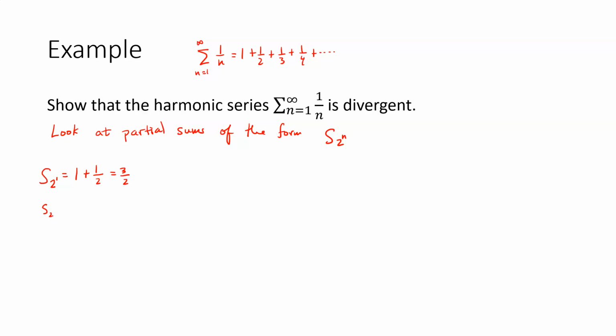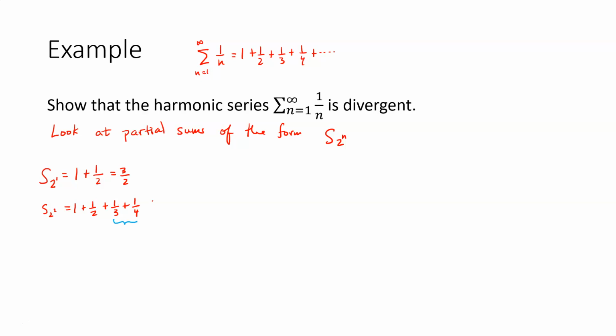What's s_(2^2)? In other words, s_4. 1 plus 1/2 plus 1/3 plus 1/4. So what I can do here is, instead of putting 1/3 here, I can replace it with something smaller, in this case 1/4.